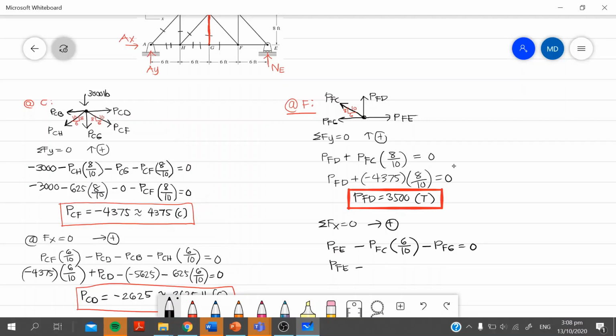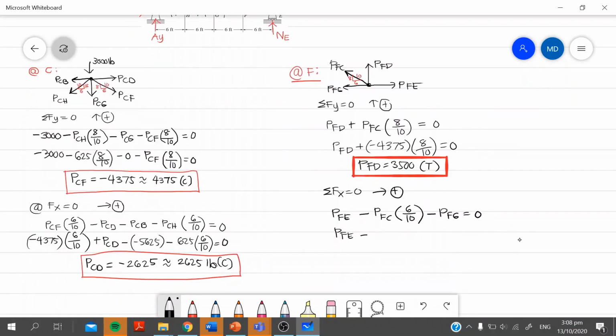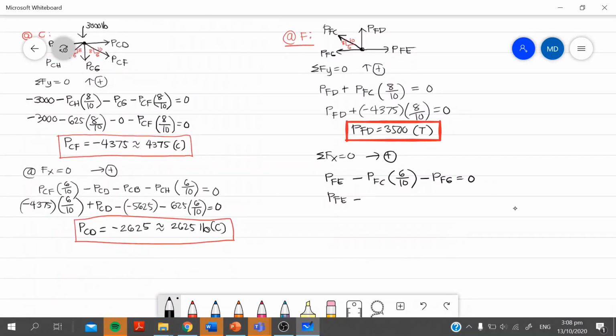Force FC is the same as CF. Okay, negative 4375. Force FG was already solved, that was force GF, right?